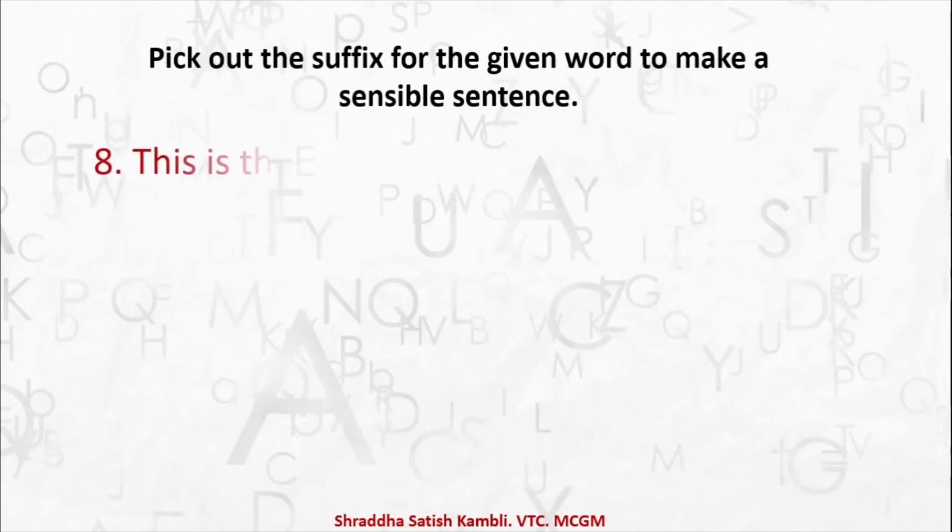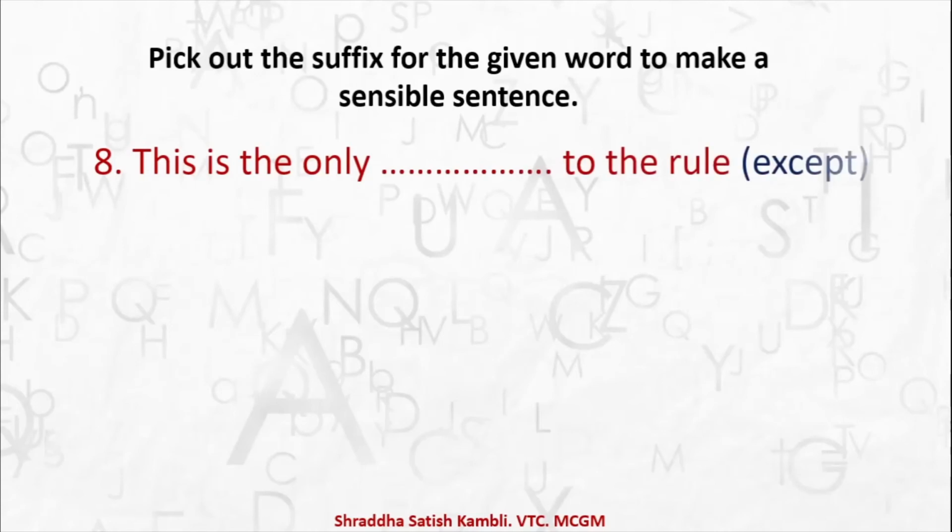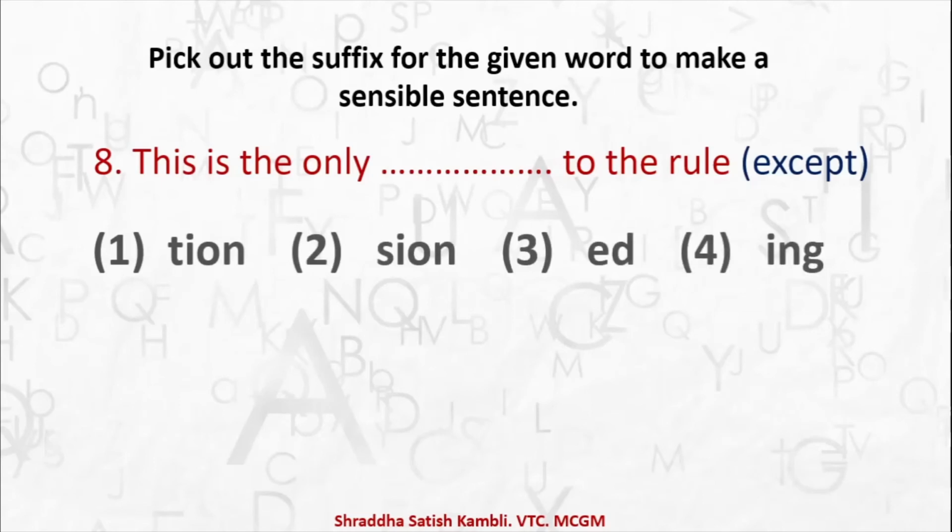Moving on, question number 8. Pick out the suffix for the given word to make a sensible sentence. This is the only dash to the rule. The word is except. So will it be this is the only exception to the rule?